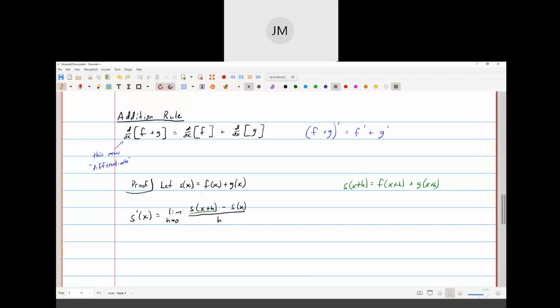And the s of x is just f plus g. So we have the limit as h goes to 0 of f of x plus h plus g of x plus h, and then minus f of x plus g of x, all over h. And then of course, I can distribute this negative.